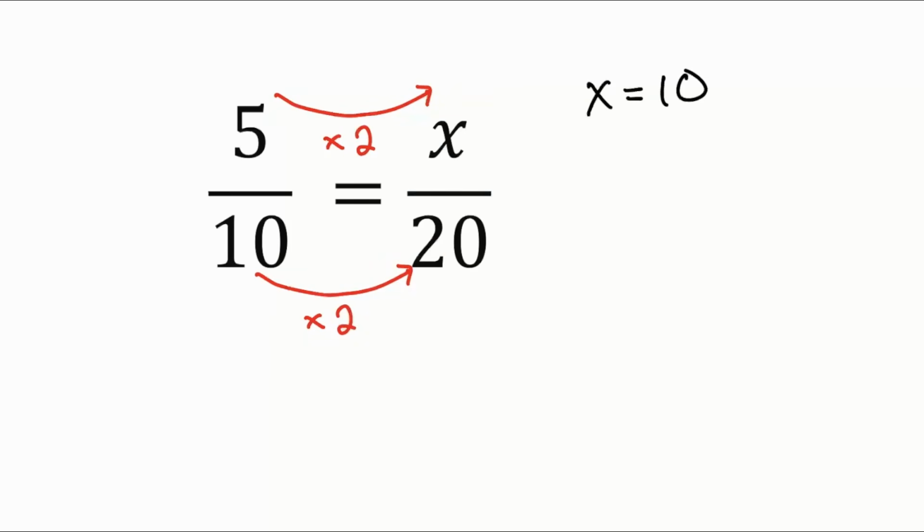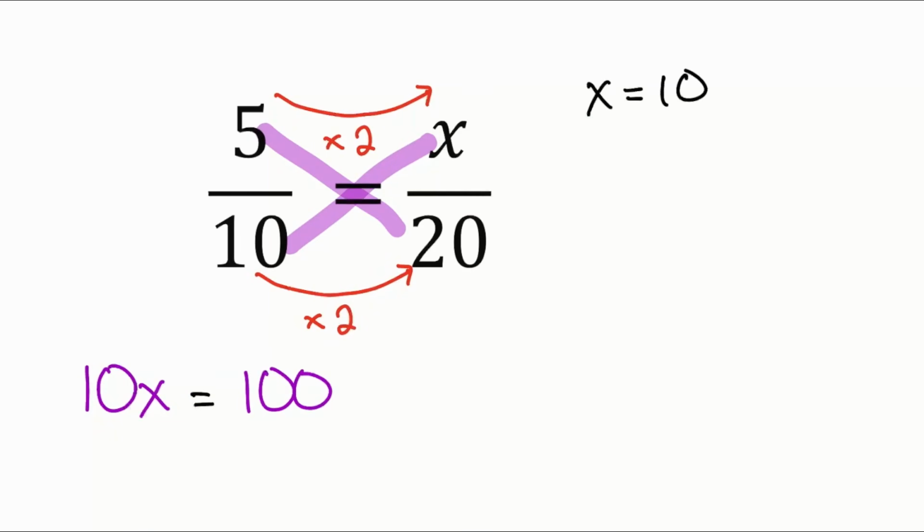Don't believe me? Let's go ahead here and cross multiply and divide and see what happens. So here we go. Let's cross multiply. 10 times x, that's going to give me 10x. Then 5 times 20, excuse me, everybody. 5 times 20 is going to give us 100. So we have 10x equals 100.